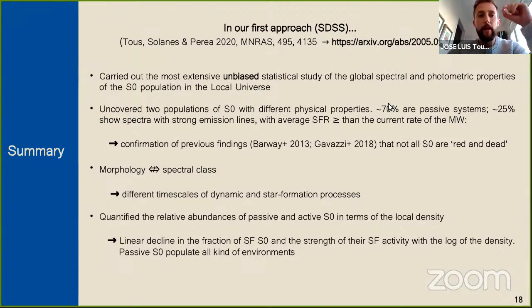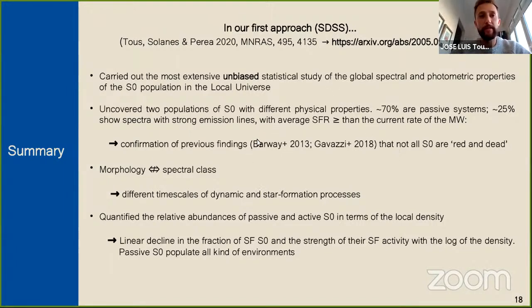And with this, we were able to unveil two populations of S0 galaxies. 70% of them conform to the classical view that S0s are passive systems, whereas 25% of them present active spectra with star formation rates equivalent to those measured for late type galaxies like the Milky Way, for example. And this is a confirmation of previous findings that not all lenticular galaxies are red and dead objects.